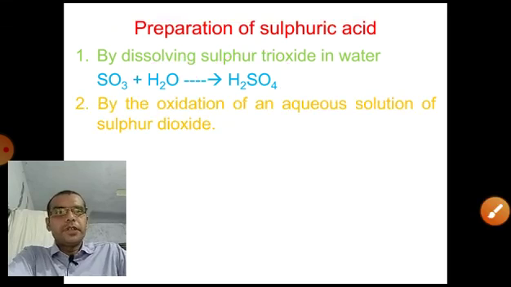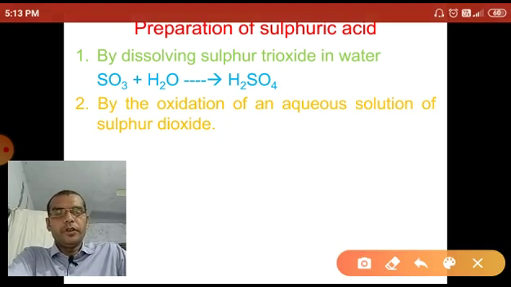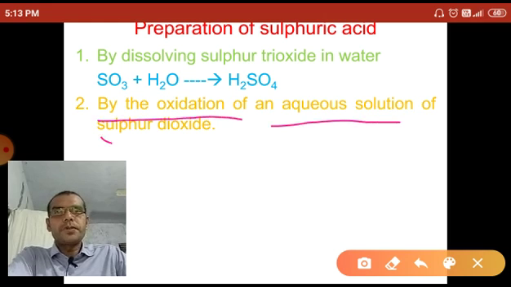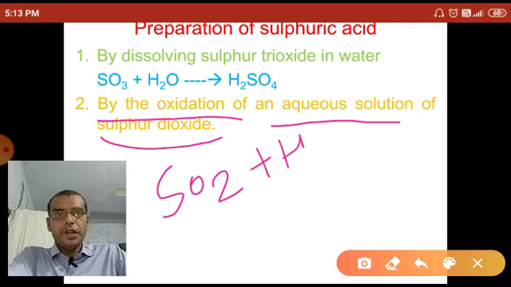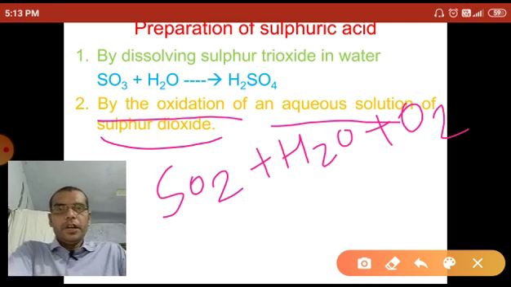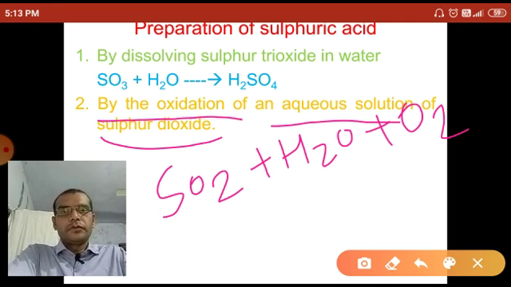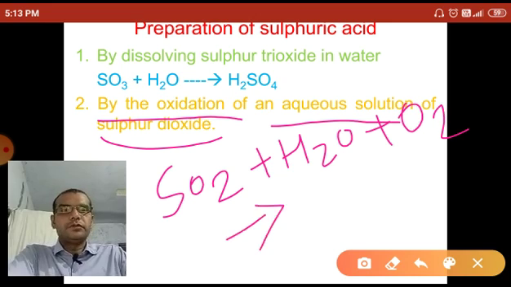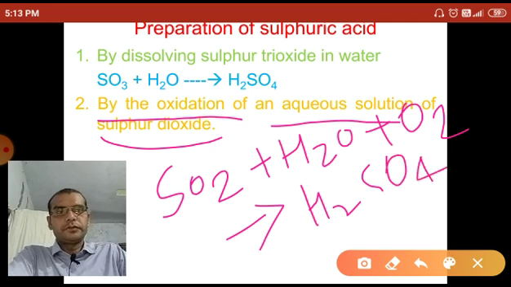Now the second method for the preparation of sulfuric acid is by the oxidation of an aqueous solution of sulfur dioxide. So sulfur dioxide, SO2, an aqueous solution of sulfur dioxide, H2O and SO2, is oxidized in the presence of air in the atmosphere, and we can get sulfuric acid, H2SO4.